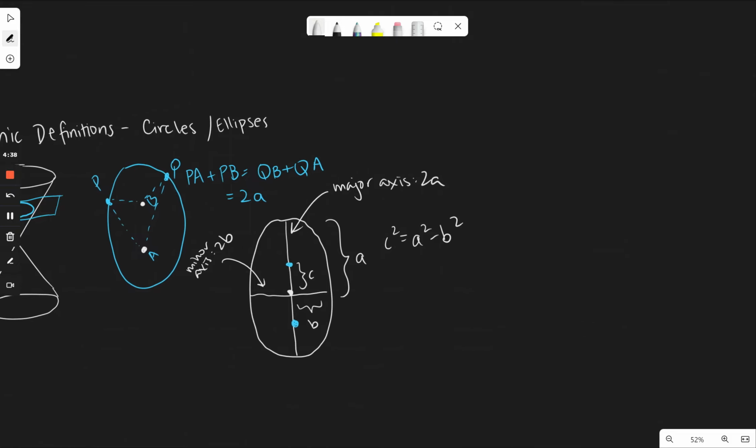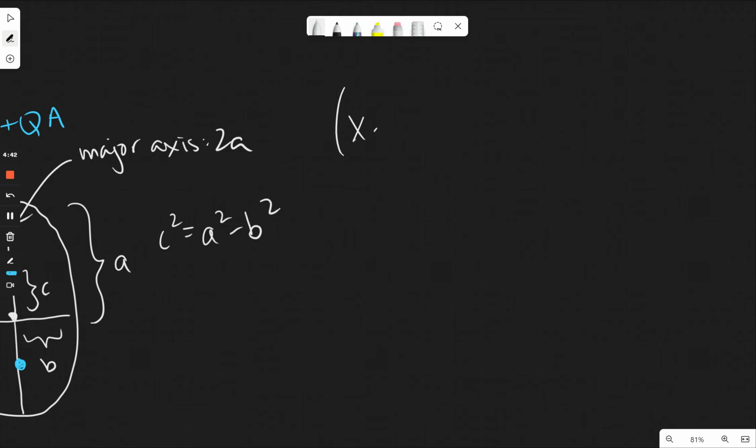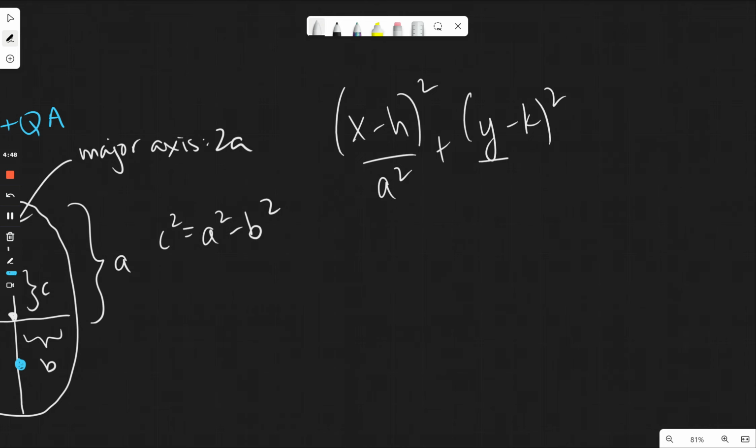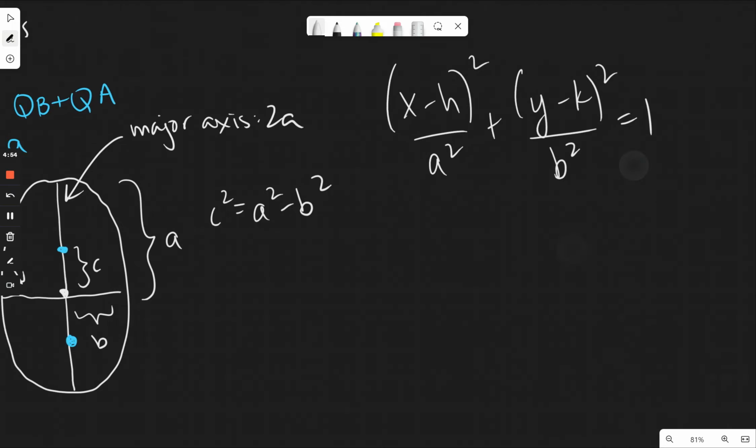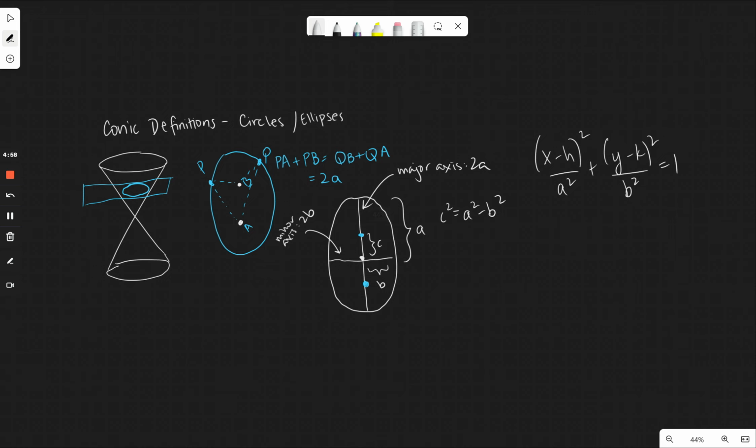If not, maybe watch a video on that first. In the standard form of an ellipse, it's x minus h squared over a squared or b squared, depending on whether it's a horizontal or vertical ellipse. But it gives you a squared and b squared in the equation, so that's really nice because all you gotta do is subtract b squared from a squared, and take the square root of that, and wow, that gives you the distance to your focus.